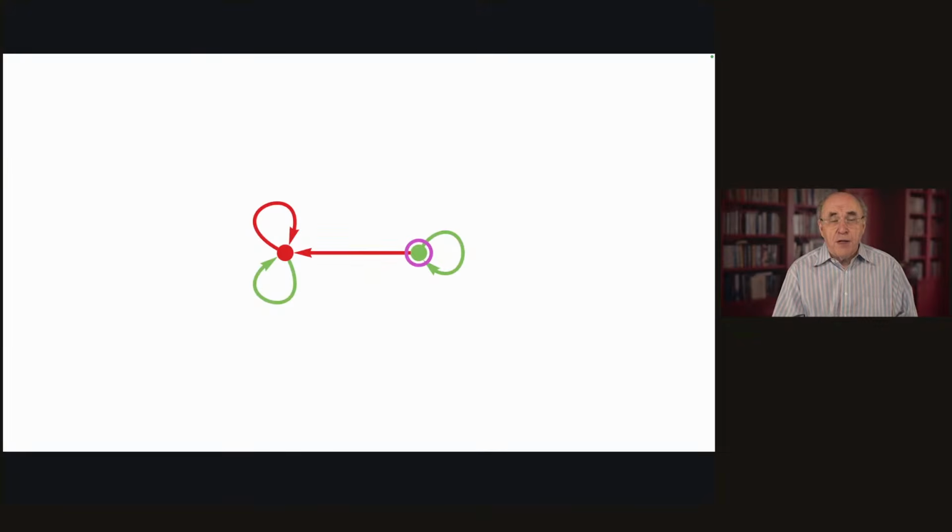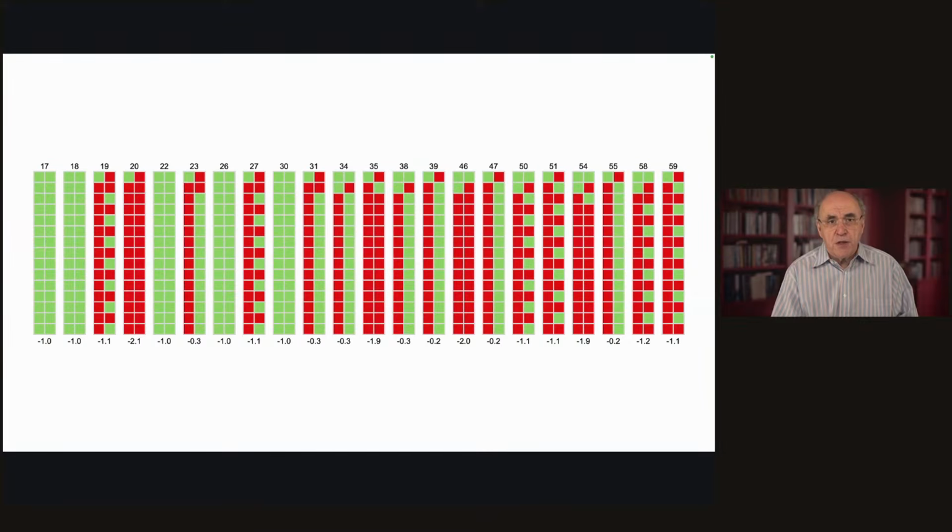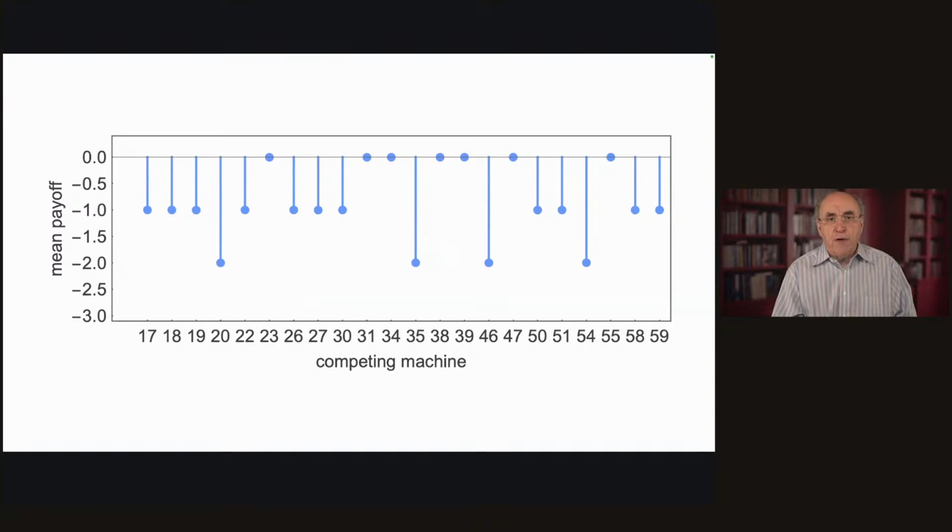So in the literature of prisoner's dilemma, this machine is often called the grim trigger machine because it gives a strategy that starts with a green, then repeats that until its opponent first gives a red, after which it's kind of triggered to always defect and give red. So running this machine against all other two-state machines, we get the following behaviors, which correspond to these mean payoffs.